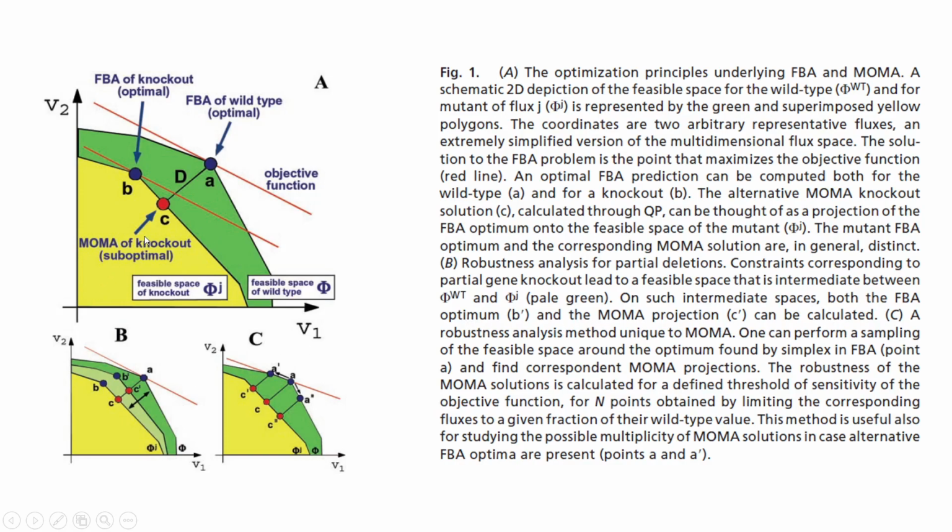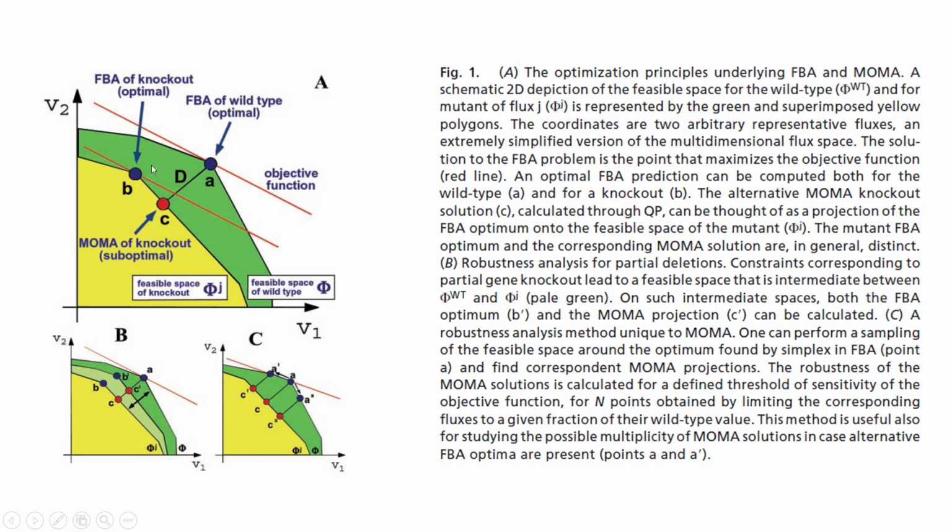Just to give you the overview of what it is trying to say here: this is the optimum solution given by the objective function on the knockout, and this is the FBA of the wild type, the optimal solution. And this is another solution, MOMA for the knockout, which is suboptimal. This is not the optimal solution because it is not passing through this objective function.